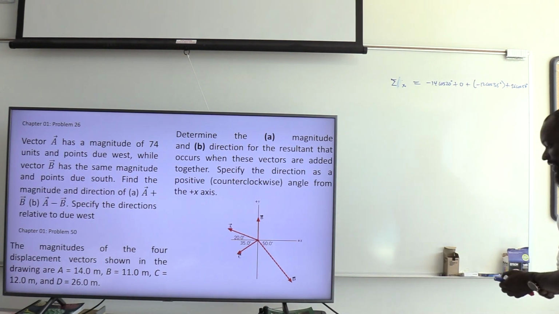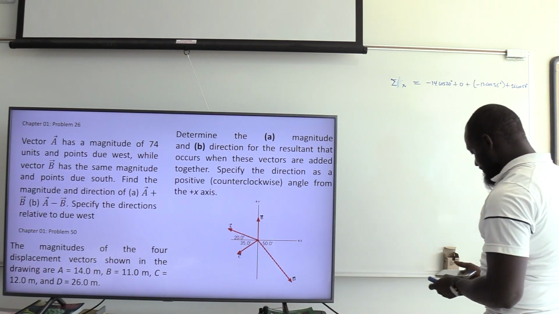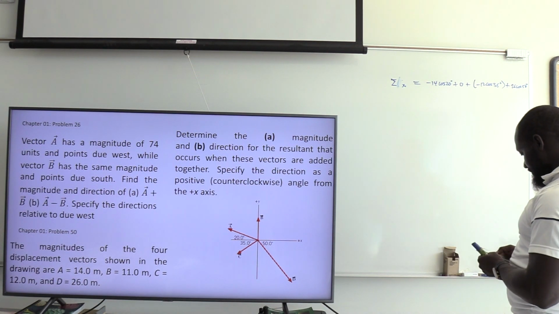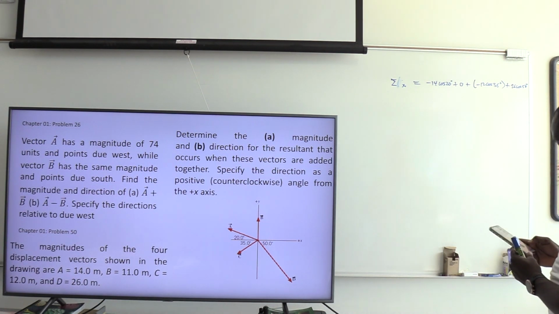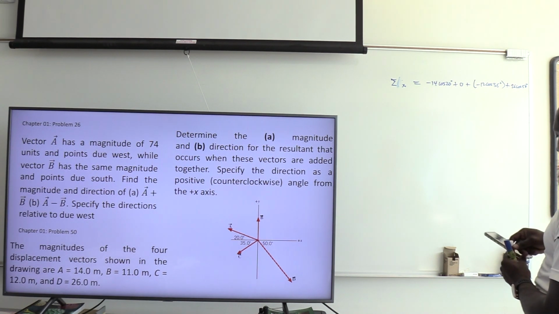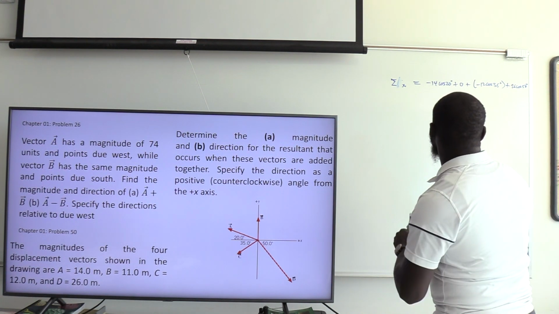So I do that in my calculator really quick. 14 cosine 20 gives me 13.16.